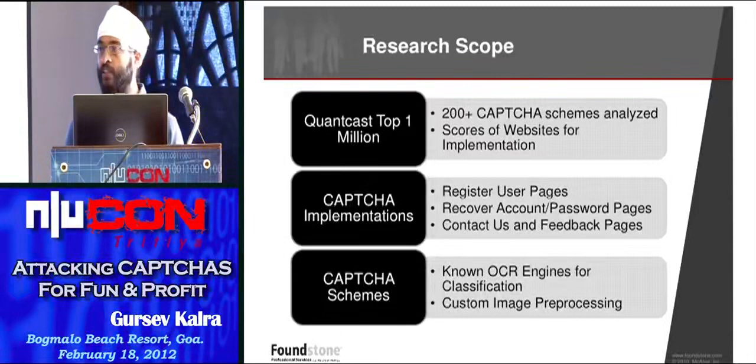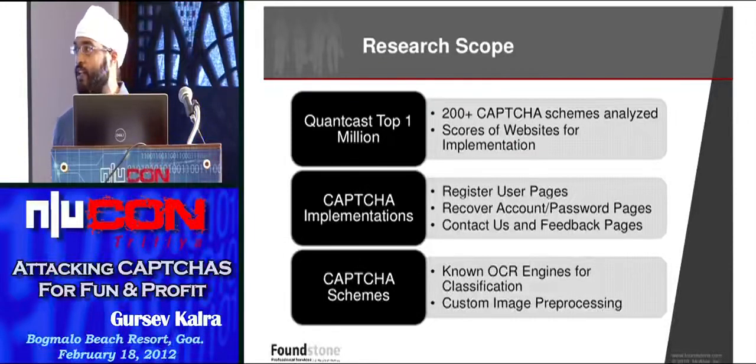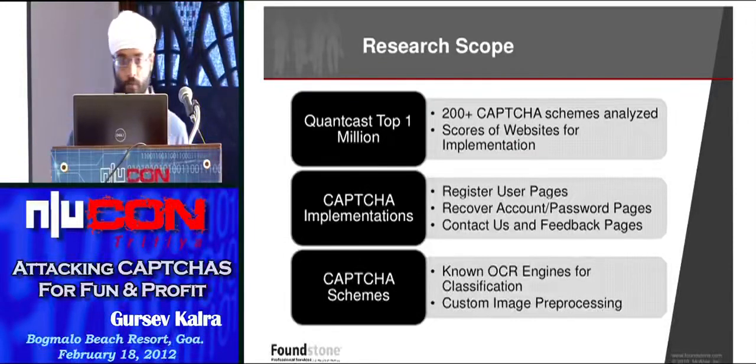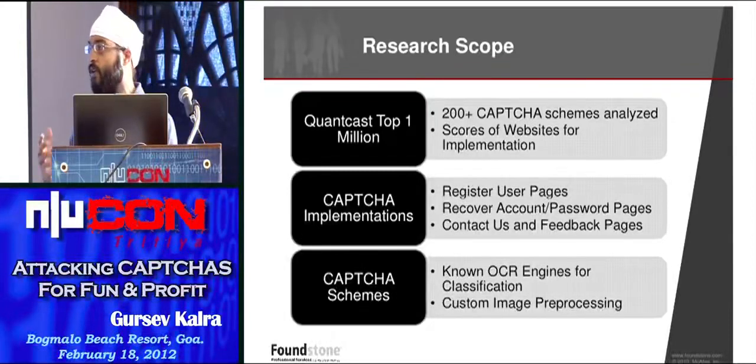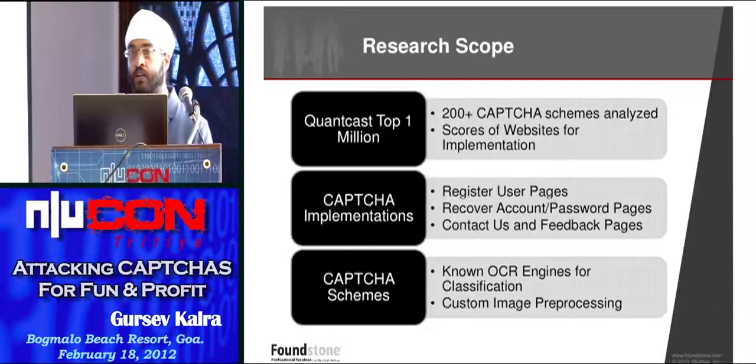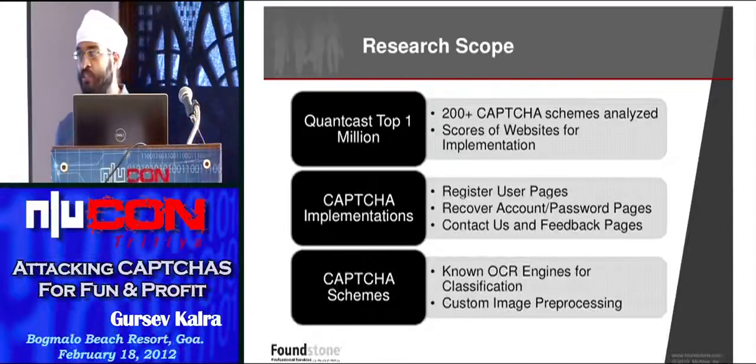And then scores of websites were analyzed for how the CAPTCHAs are implemented. The implementation part looked at register pages, forgot password pages, contact us and feedback pages. These are the pages which normally have CAPTCHA protection built into them. And this was a good point to look at how the CAPTCHAs are being verified at the back end, how the solutions are getting stored and whatnot.